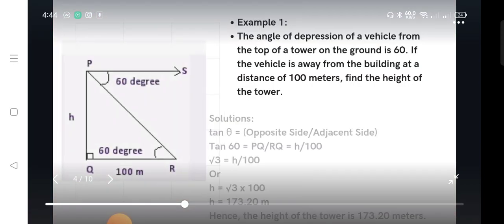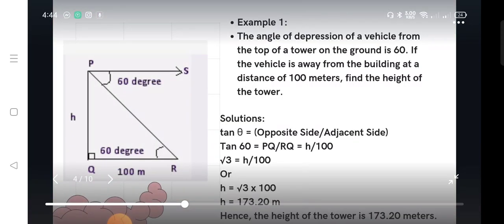So let's have an example here. Example number 1. The angle of depression of a vehicle from the top of a tower on the ground is 60. If the vehicle is away from the building at a distance of 100 meters, find the height of the tower.